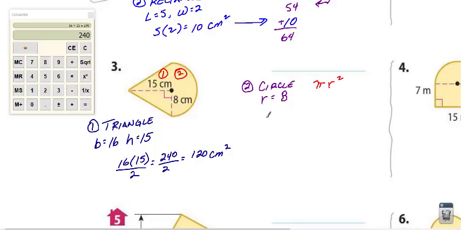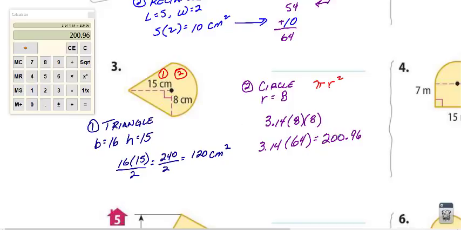My pi is going to be 3.14 times 8 times 8. That's my 8 squared, my radius squared. I'm going to multiply that together first. I get 64. So I've got 3.14 times 64, which gives me 200.96.